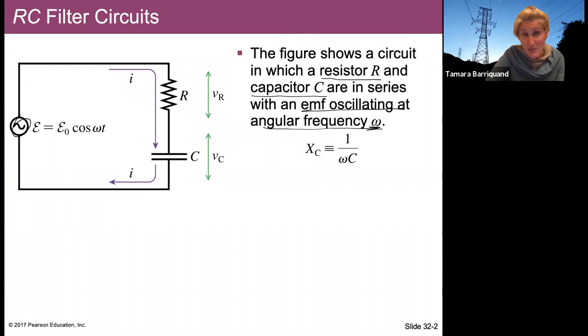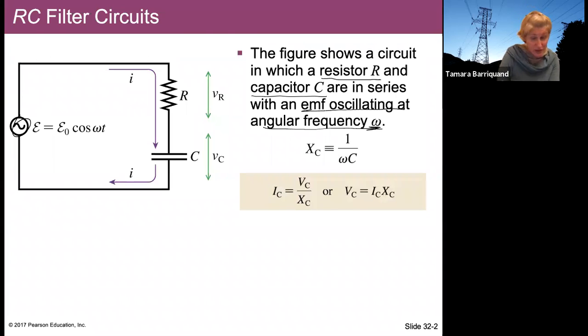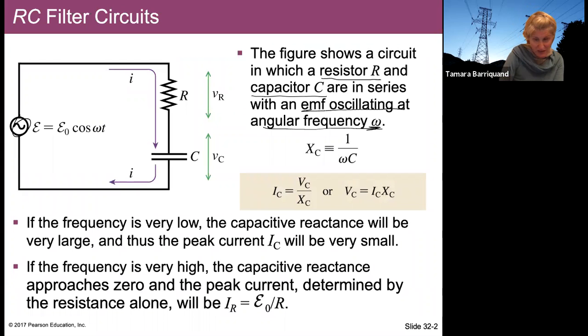We also saw that the peak current equals the peak voltage over the reactance. So if the frequency is low, the capacitive reactance will be very large.